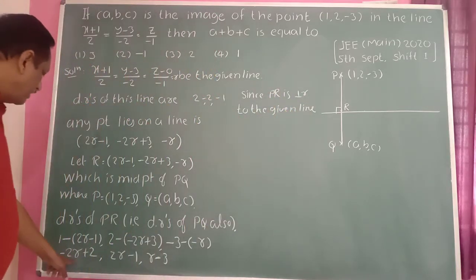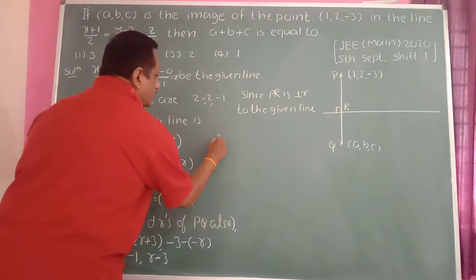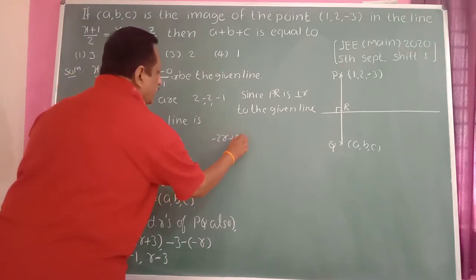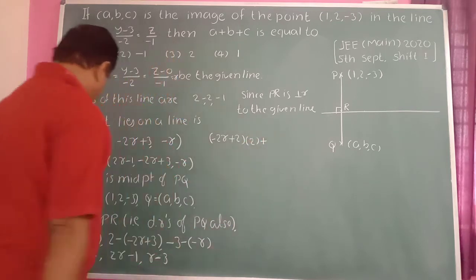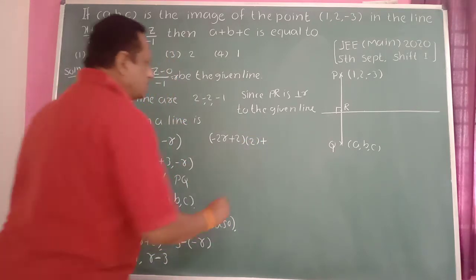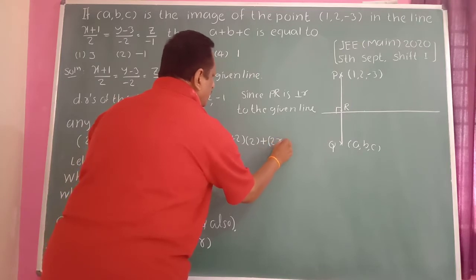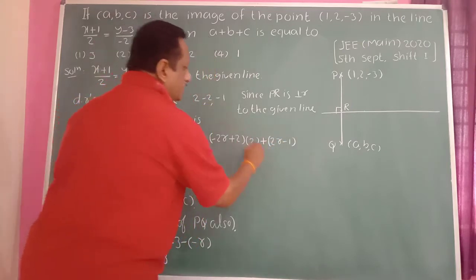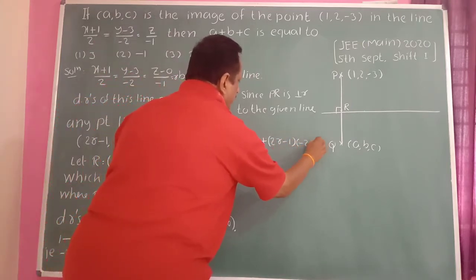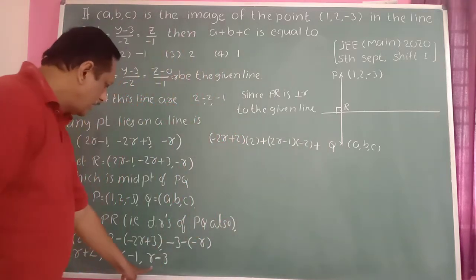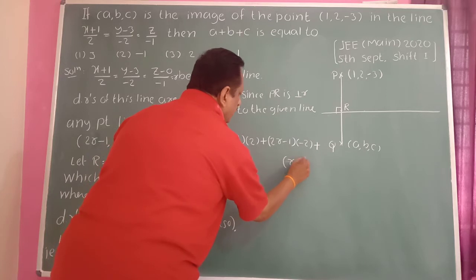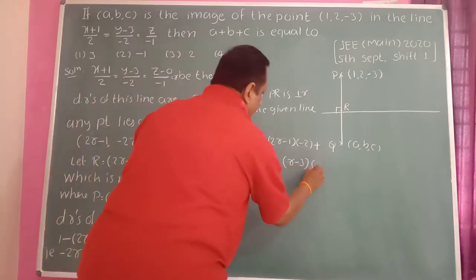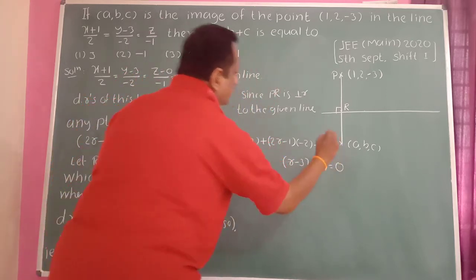Therefore (2 minus 2r) into 2, plus (2r minus 1) into minus 2, plus (r minus 3) into minus 1, is equal to 0.